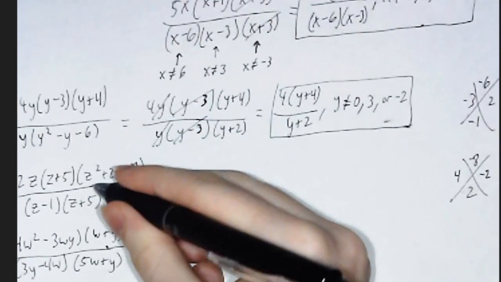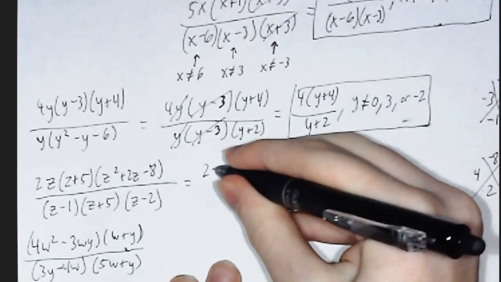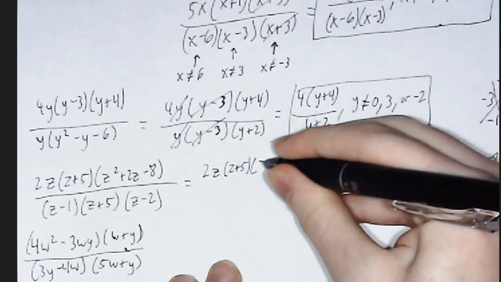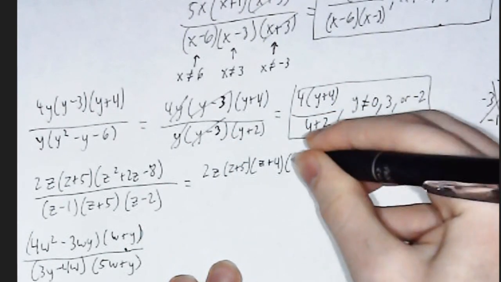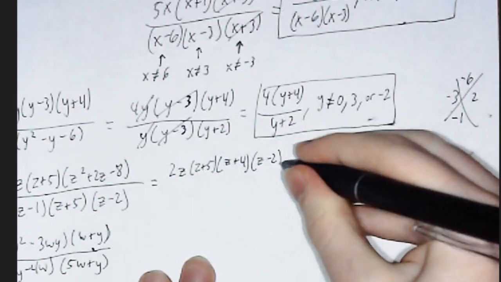So again, the coefficient on z squared is 1, so we don't have to split the middle term. So we get 2z, z plus 5, z plus 4, and z minus 2. We got those from the side numbers of the cross puzzle.